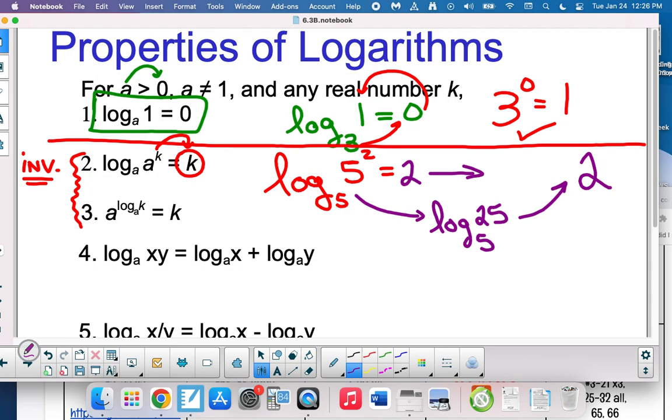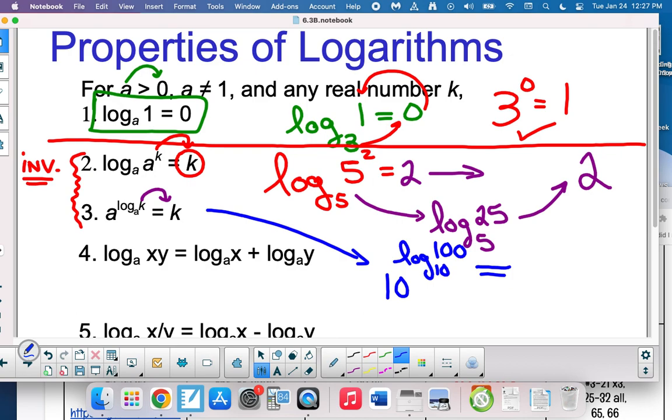Now this one says exponential base A raised to the log base A of k is equal to k. So this is the answer right there. Let's do 10 raised to log base 10 of 100.